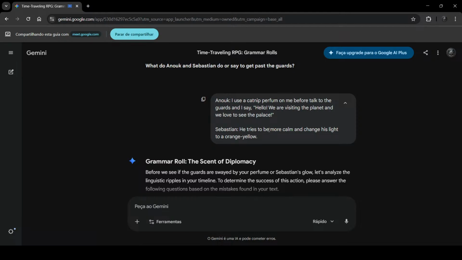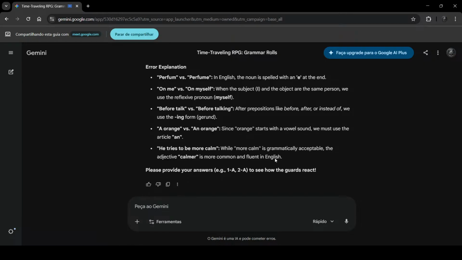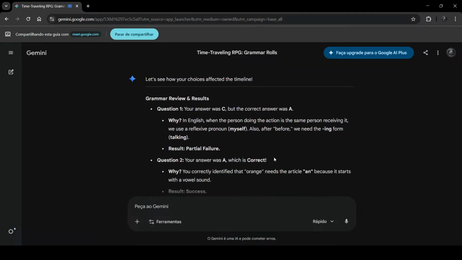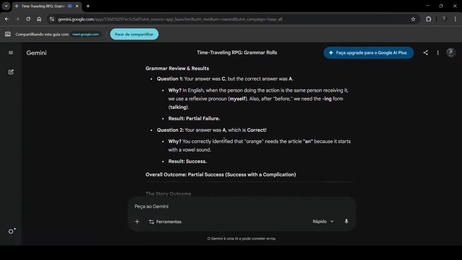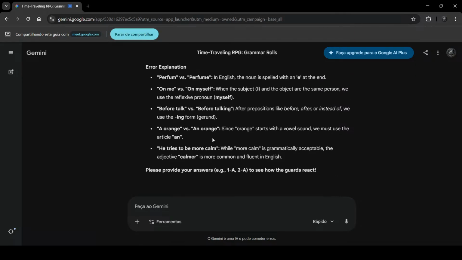Okay, Sebastian. He tries to be calmer. Why calmer, not more calm? Some people say use this, but why is calmer the correct or the better option? Do you know? If I need to say it's more calm, no, calmer. Why?